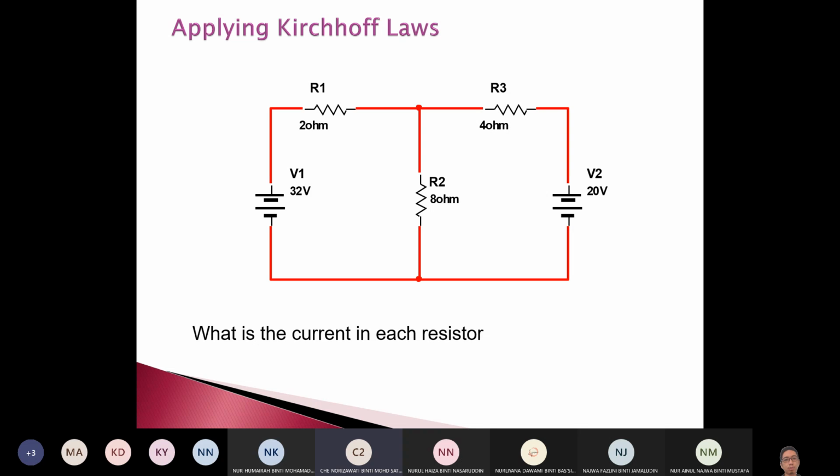If you eliminate, let's see what you have over there. I2 and R2 you can subtract. I1 and R1 minus I3 R3. So you obtain another equation there.